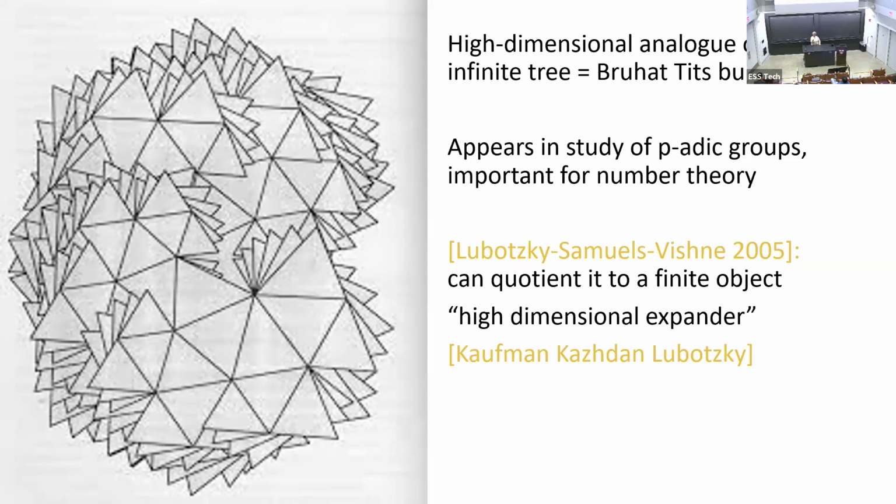Basically, if you fix a vertex and you look at all the triangles touching this vertex, it's a finite number of triangles, even in the infinite Bruhat-Tits building. And then what you see is if you remove this vertex from the triangles, what you remain with is just a graph. And this graph is an expander. So that's how they gave this definition of what it means to be a high-dimensional expander, that every link, this is called a link, is an expander.